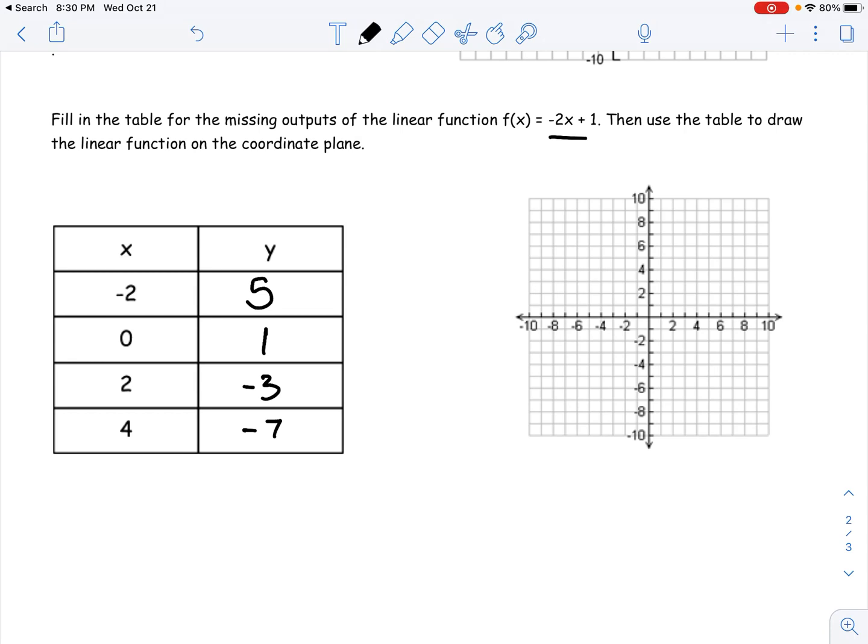So then I got to plot them. At negative 2, 5, there's a point there. 0, 1, 2, negative 3, and 4, negative 7. Right there. And we got to try to determine if this is a straight line. To me, that looks like it's a pretty straight line. I would call that linear.